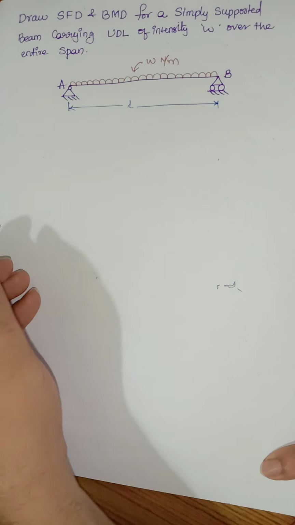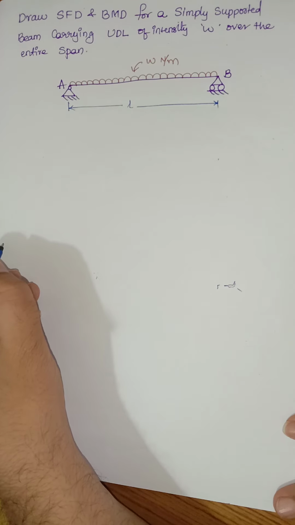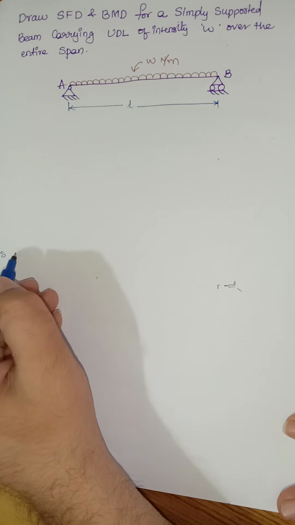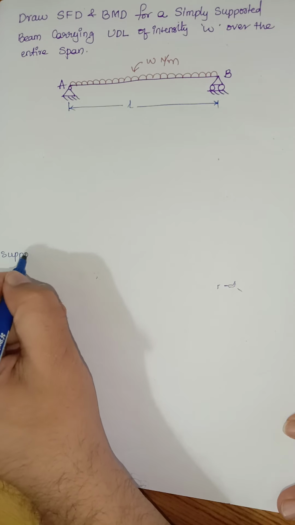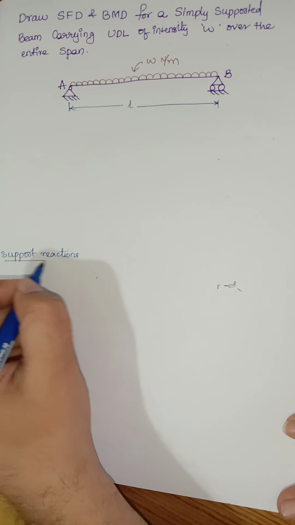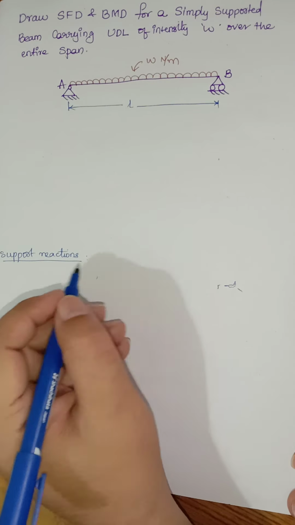Now as you know, the first thing we need to do here is calculate the support reactions. As there are no horizontal forces, I'm not going with sigma Fx is equal to 0. Let us go with sigma forces acting in the vertical direction equal to 0.